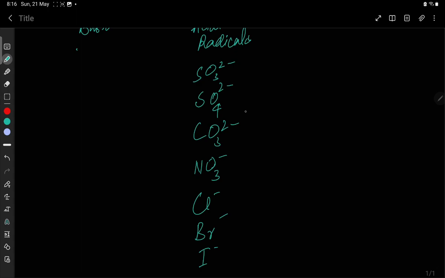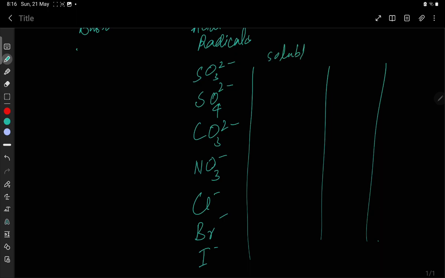The solubility of these salts should always be in your mind, soluble or insoluble. So all sulfites are soluble except calcium, barium and lead.